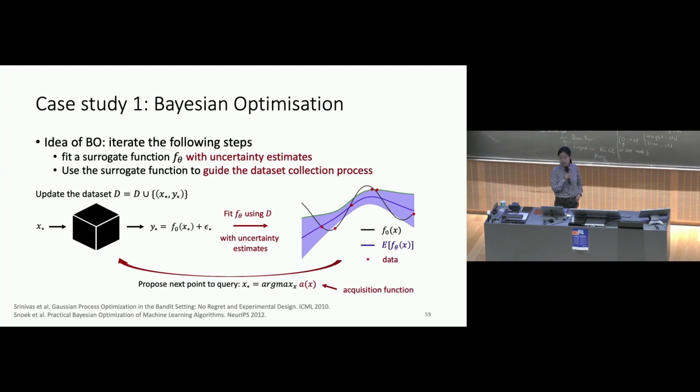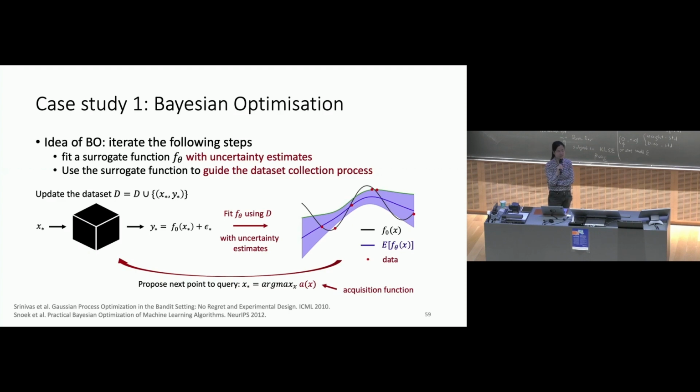You don't want to submit random data points to the black box. You want to cleverly choose the query data point to your black box, and then get to the best result as fast as possible. This is especially useful when your black box is very expensive.